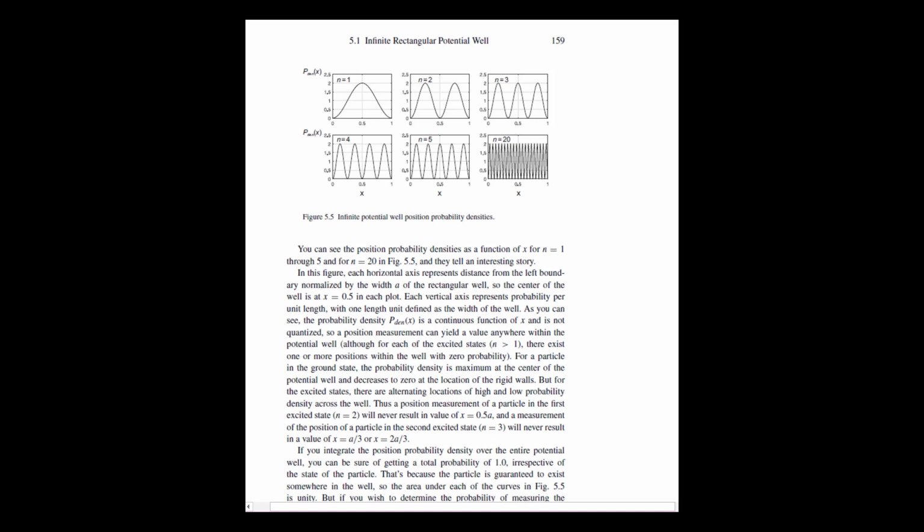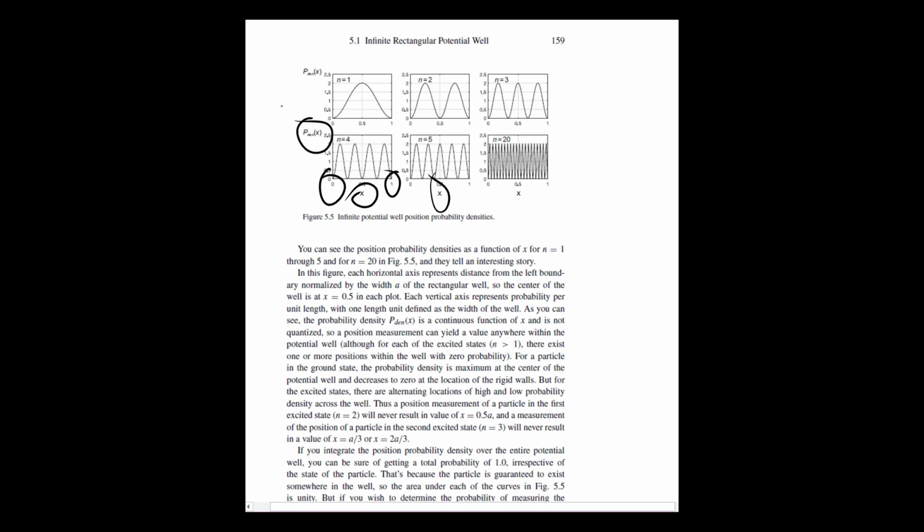As always, when you're confronted with a new figure, it's a good idea to make sure you understand what the axes represent. Notice in this case, although the horizontal axis is labeled x, by the fact that it runs from 0 to 1, you can tell that this is really in units of a, the width of the well. So when x equals 0.5, that's the location of the middle of the well.